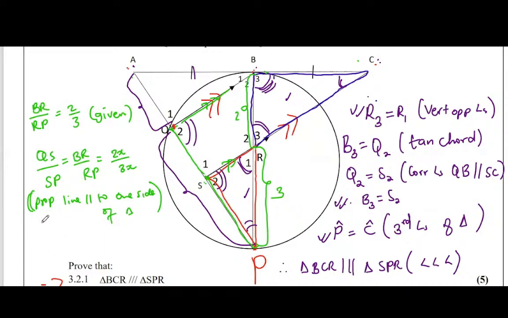Okay, so let me just jot it down here and say that my AQ over QS or SQ should be the same also as someone getting the AB divided by the BC.